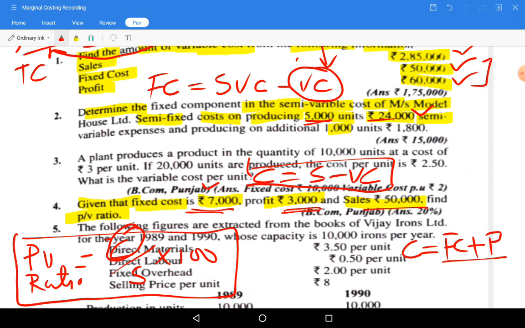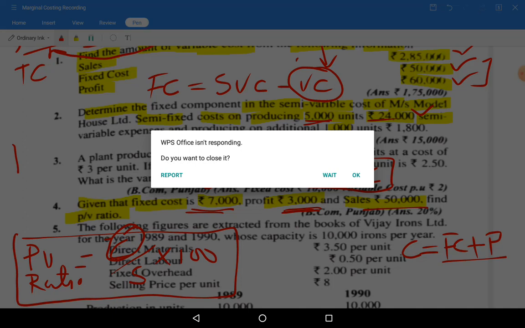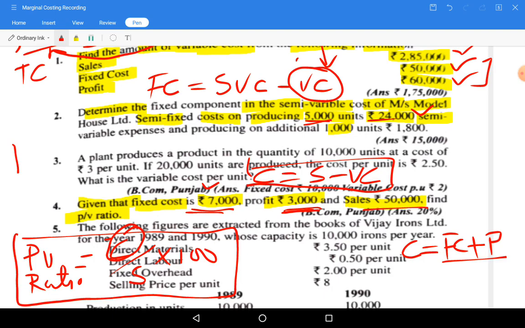So 10,000 divided by sales 50,000, 1 by 5. 1 by 5 means 20% will be your PV ratio.